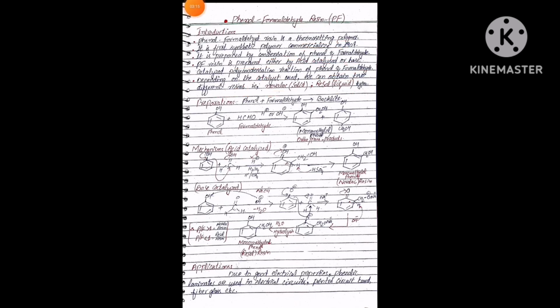So now we will see its preparation. Phenol and formaldehyde, when these two monomers combine and polymerize, they form a polymer named bakelite. Why am I silent?